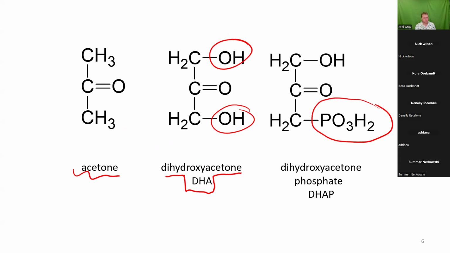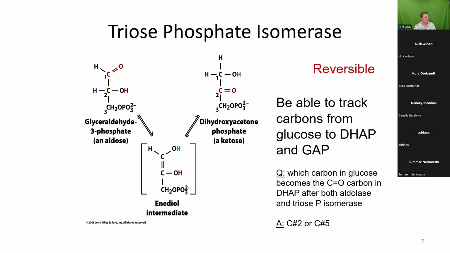This is something you'll notice when we talk about proteins and sugars: hydroxyl groups in general are ripe for being replaced by a phosphate. It's very common that that will happen, just because these hydroxyl groups are good leaving groups in general.